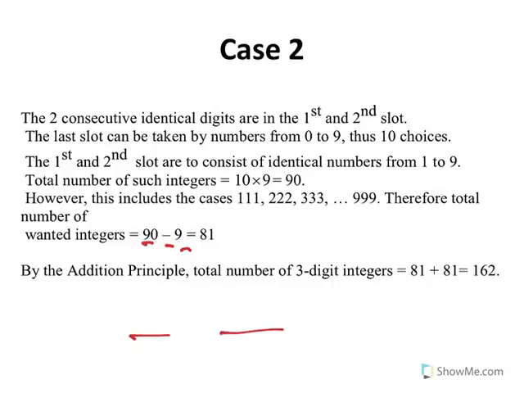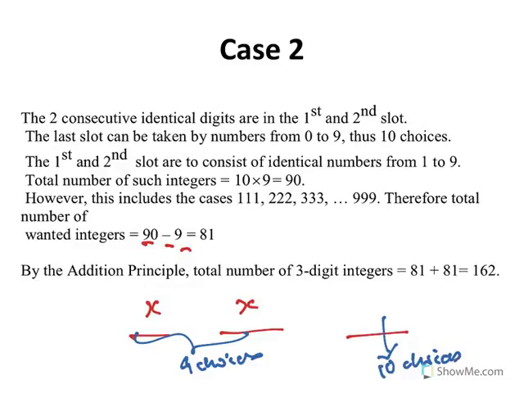I say again, 1, 2, 3. Here, I want first and second to be the same, so I will have 9 choices. Here, I have 0 to 9, so I have 10 choices. Then you subtract away the cases where you have 3 consecutive digits. So 9 times 10, 90.